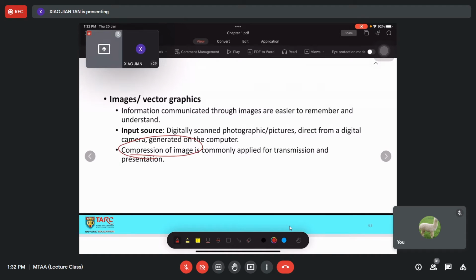Compression of images is quite important in this module. That is because as engineers in E&E, especially in electronics, we always deal with images. Image augmentation and image processing are becoming mainstream, I would say.